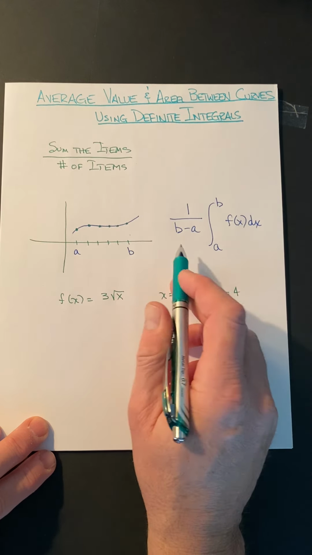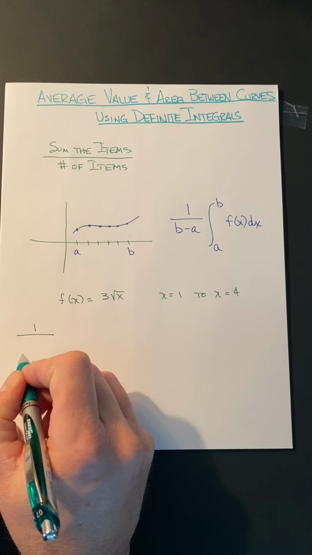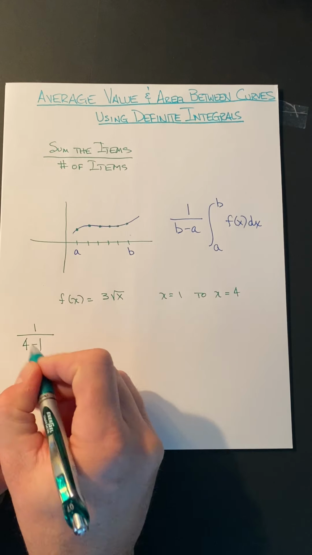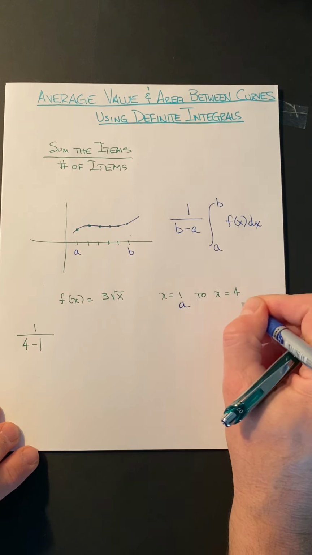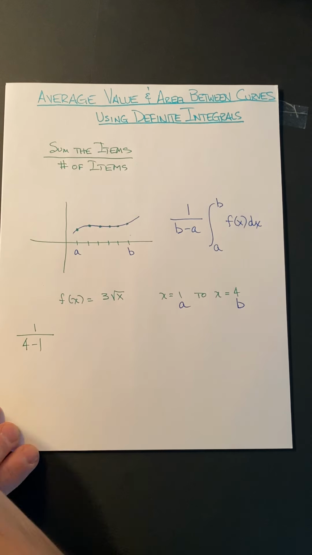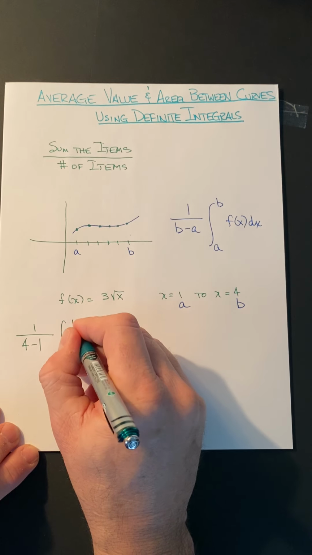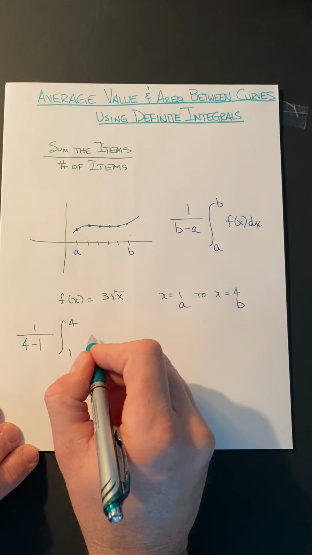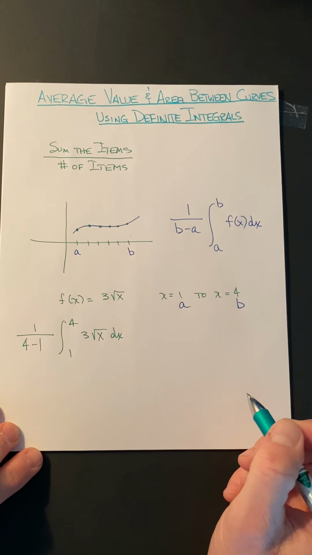So I know that in doing this, I'm going to take 1 over 4 minus 1, right? Because isn't this my A and this my B? And then I'm going to integrate from 1 to 4 my function 3 radical x dx, okay?